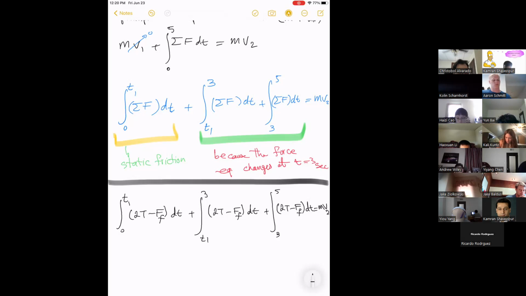First of all, I need to find T1, right? Because I know it's not moving up to the point that the 2T is greater than the static friction, but we can calculate that. How can I find T1?